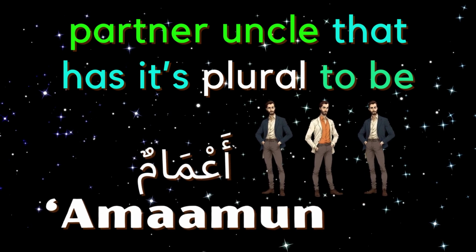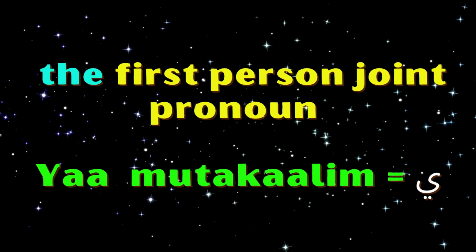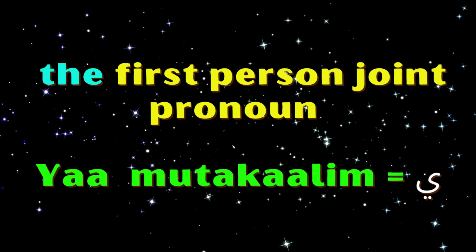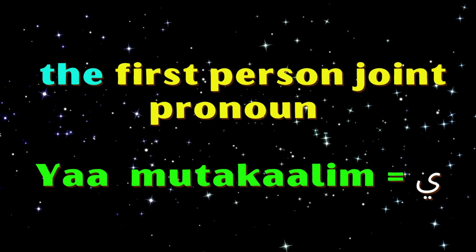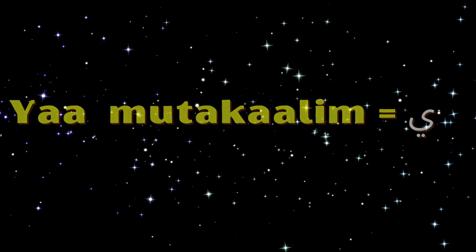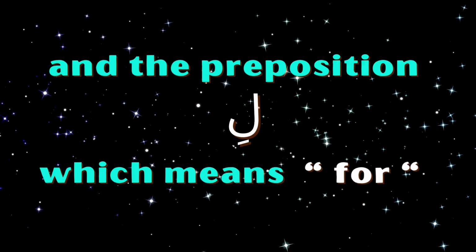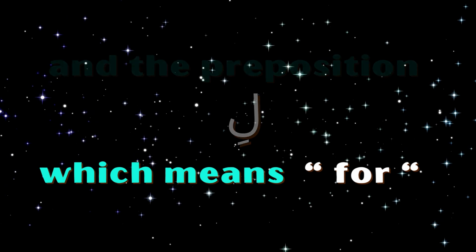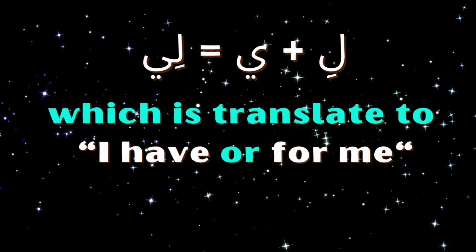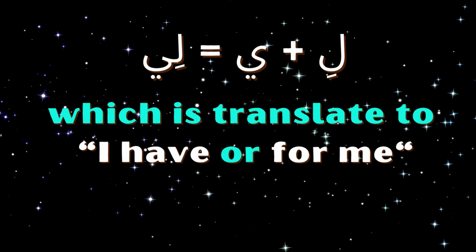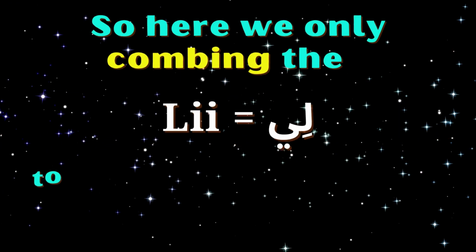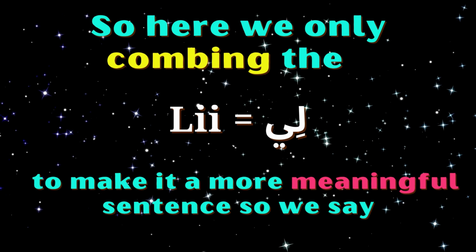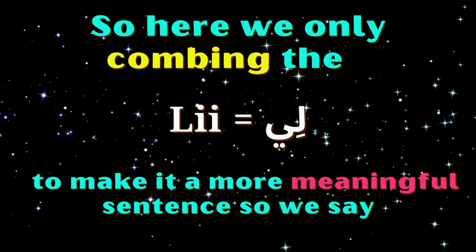So if we are to express it with the first person joint pronoun, the ya al-mutakallim, and the preposition li, which means for, which then translates to I have or for me. So here we are only combining the li to make it a more meaningful sentence.